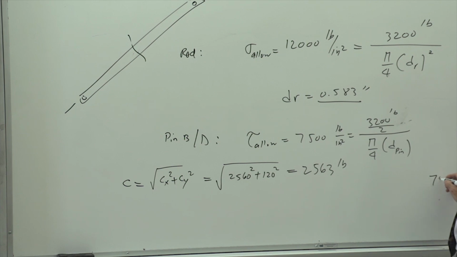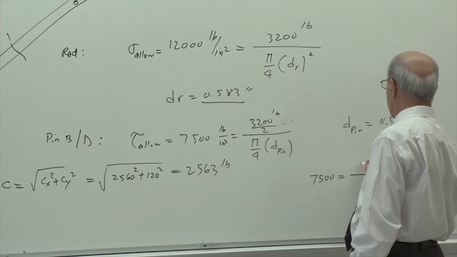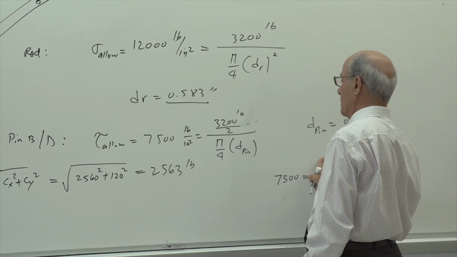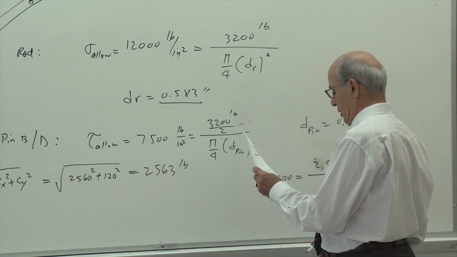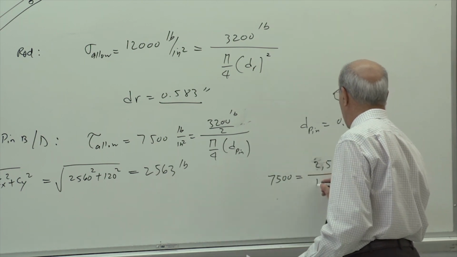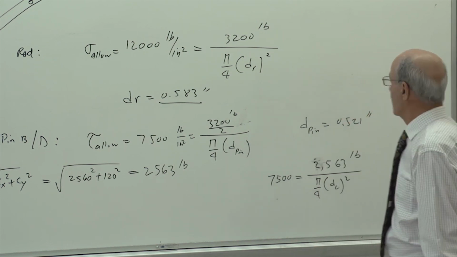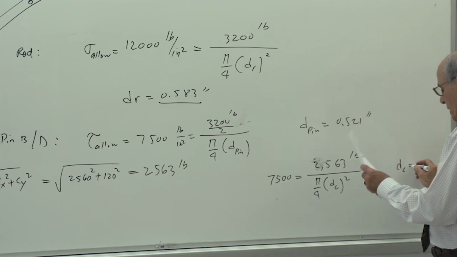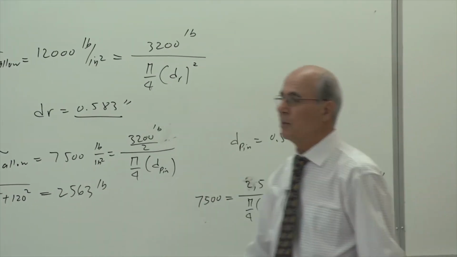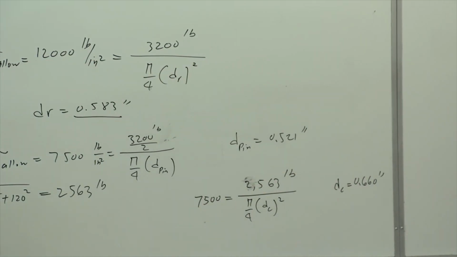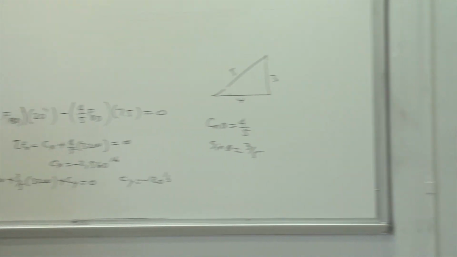Tau allowable, 7,500, equal to, this time it is single shear, and the force is 2,563 pound divided by pi over 4 diameter of C square. This time diameter of C ends up to be 0.66 inch. Actually, you see this part was repeated. There was nothing there. So please, next time, pay attention to what you are doing. Hopefully, you do a better job now.